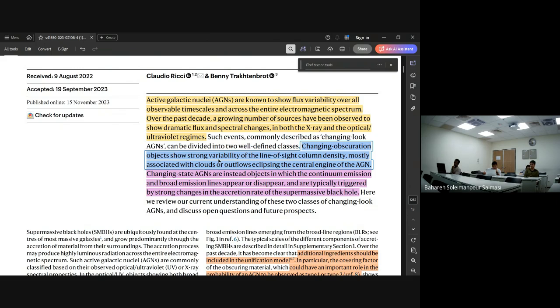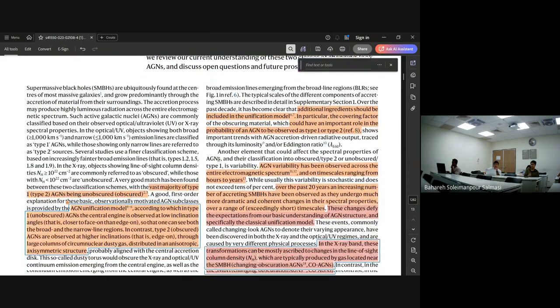And then there is the second type, called changing state AGN, where instead of the geometry of the AGN changing, the actual physics of the AGN varies. Because of this, the broad line emission tends to appear or disappear on different timescales. So basically, we can have type 1 or type 2 AGN. Let me get into that very briefly.